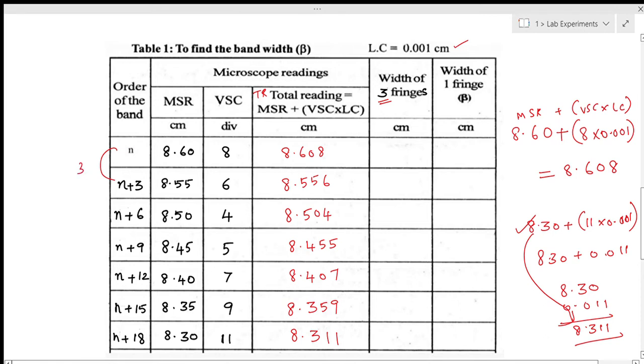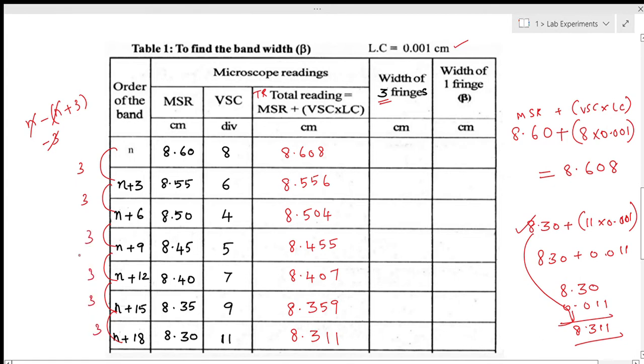We are not going to take n minus n plus 3, otherwise I would get minus 3. This is not the point here. That is, the n gets cancelled off. You are finding only the difference of the 3 fringes. That is the width of 3 fringes. The difference will give you the width of 3 fringes.